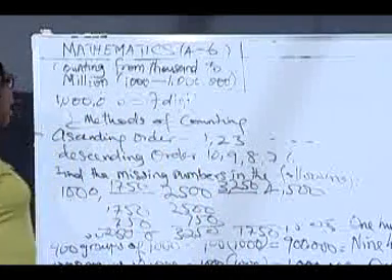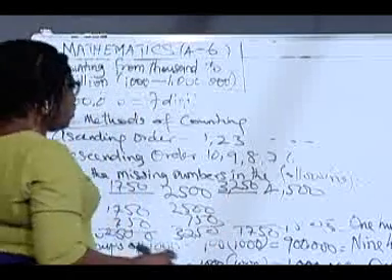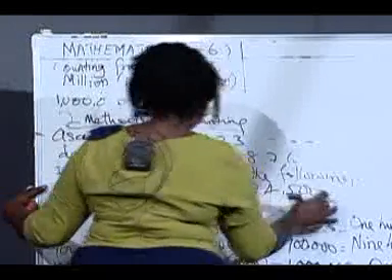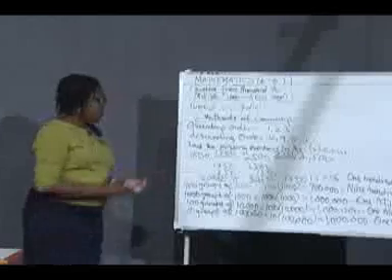When we add another 750, we reach 4,500. So this is how we are going to see our missing number.